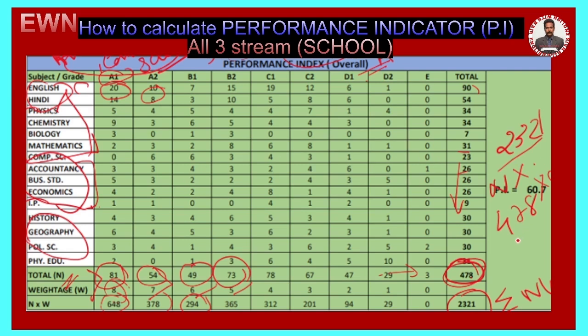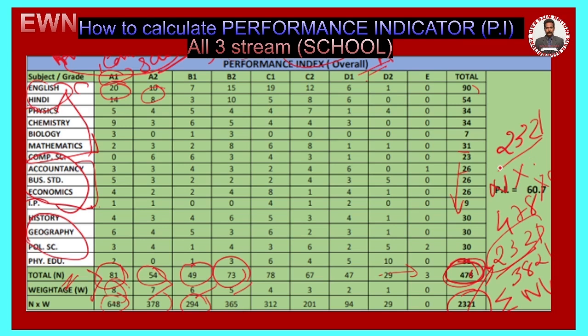2321 upon 478 into 8. What is 478 into 8? That is 3824, right? So 2321 upon 3824, right? That is sigma NW 2321 upon 478 into the highest number, 3824.